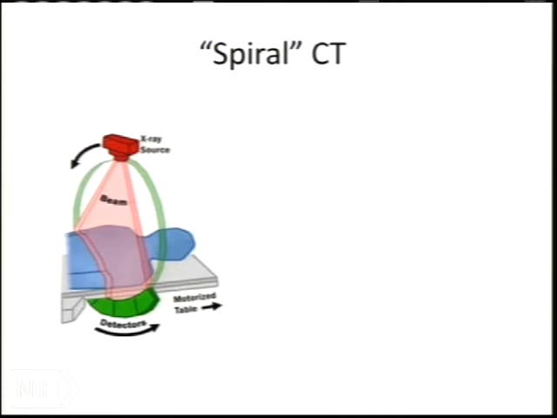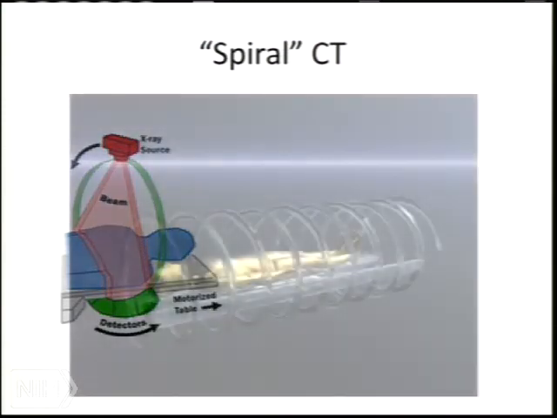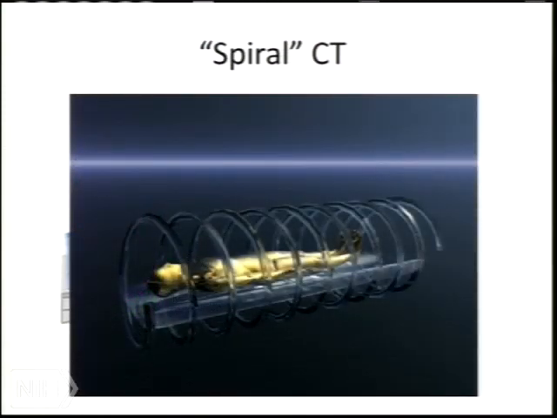Right now, the patient moves as the X-ray beam moves, so that the pathway of the X-ray is actually a spiral around the patient. And so the information gathered is not slice by slice, but the whole volume of the patient is gathered at one go. So it's a volumetric acquisition, and sometimes known as a spiral CT.